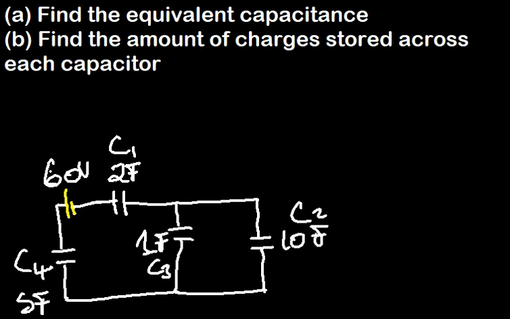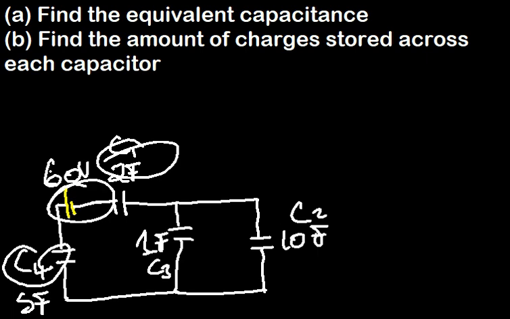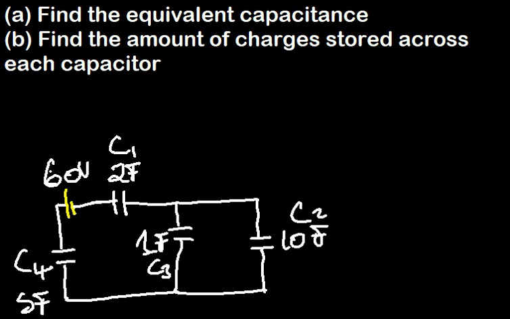And C3 is connected in this wire, alone there. So this capacitor and this capacitor are in parallel. Along this wire we have capacitor 1, capacitor 4, and also the potential difference. All those are connected in a series circuit since they are connected in the same wire.